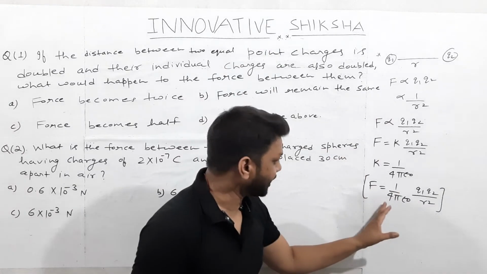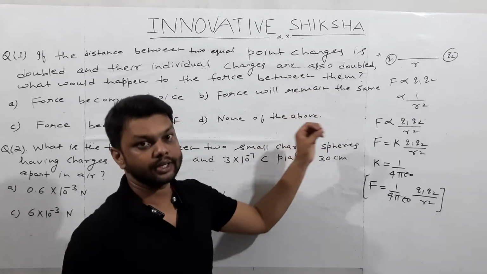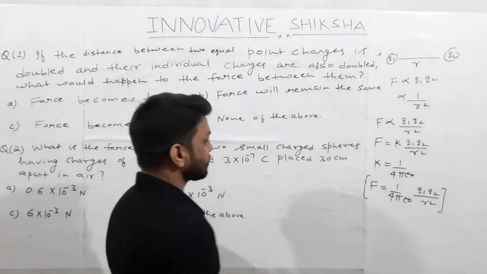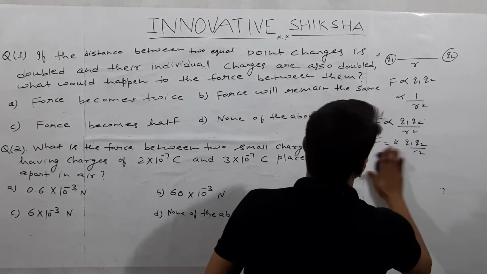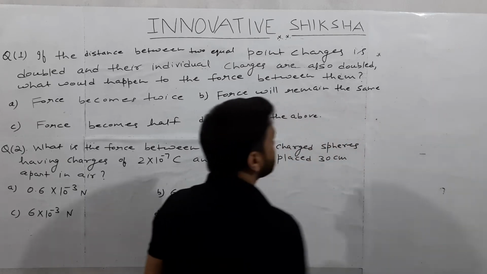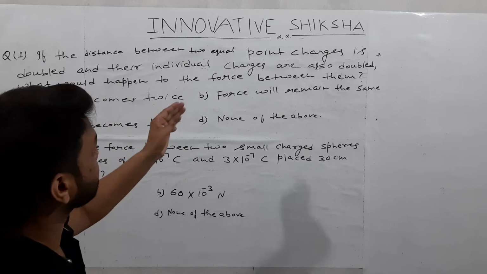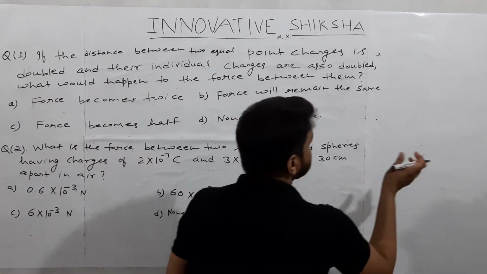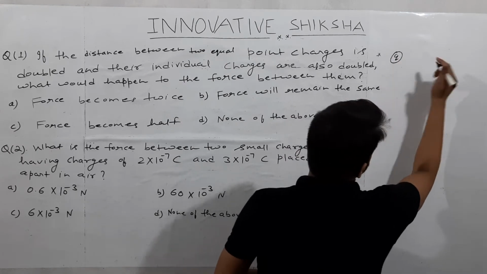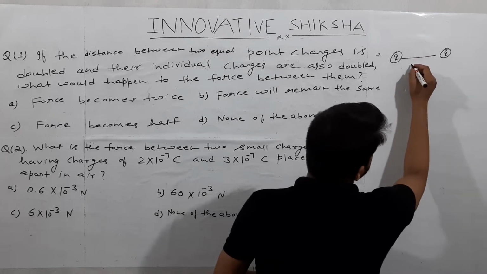So we are going to apply this concept in our question and find the exact answer. The question says: if the distance between two equal point charges... Let us suppose in the first scenario there are two equal point charges, q1 that is q, and the other charge that is q, which are at distance r.